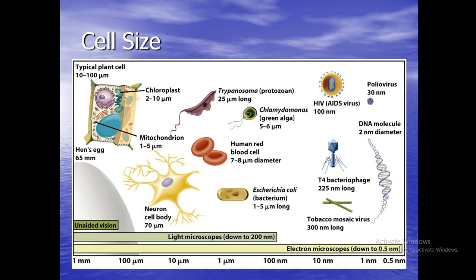Then, if you look into the animal cells, there is much variation. For example, a protozoan, say Trypanosoma. All of you know in protozoans the entire body is made out of a single cell, which is about 25 millimicrons long. Some green algae like Chlamydomonas, 5 to 6 microns.